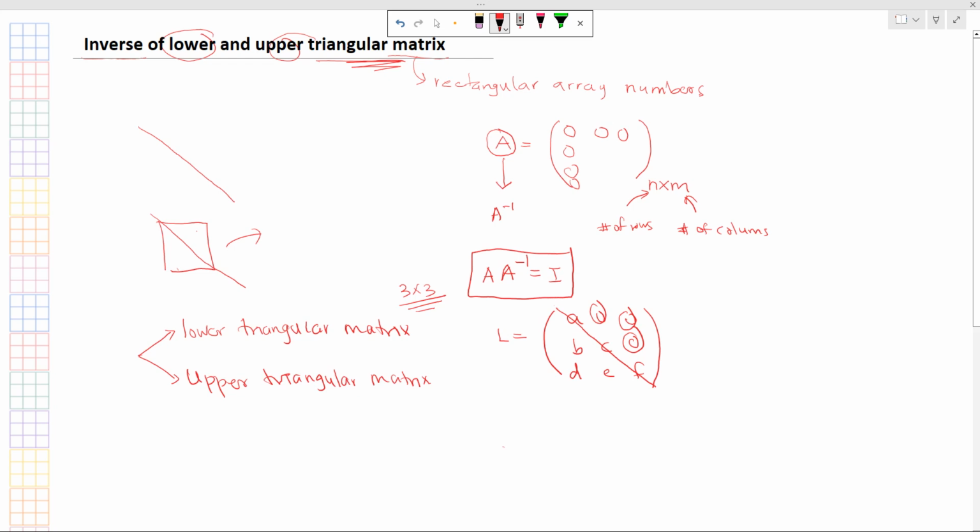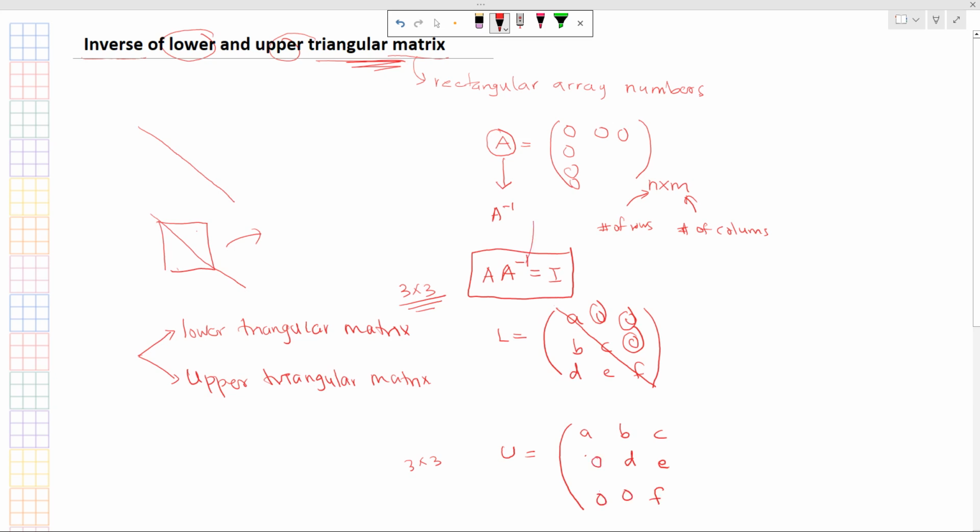If I take an example of an upper triangular matrix, it will be in the form of A, B, C. Here also I am taking a 3 by 3 matrix, A, B, C, then D, E, F, and the rest will be 0.